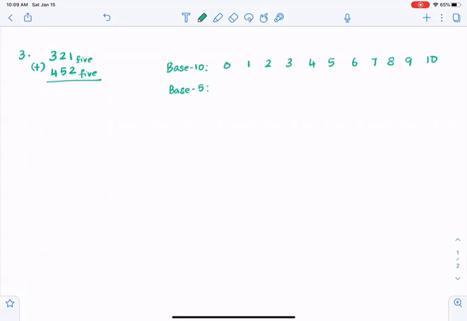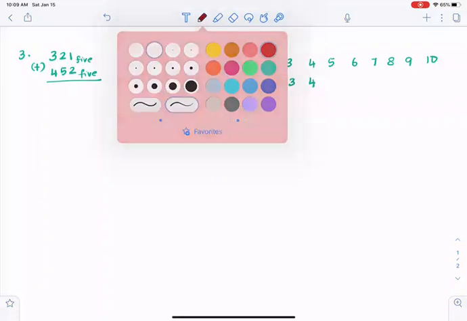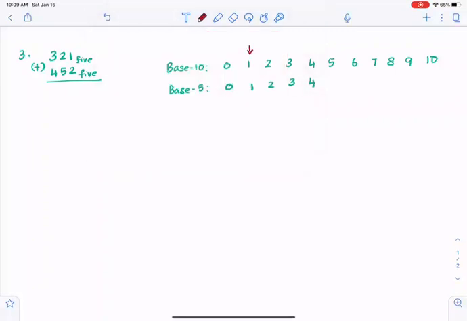So the first 5 digits, not a problem at all. We could simply write 0, 1, 2, 3, 4. When I get to 5, I go back, pick the next digit, which is 1, and put that digit in front of 0, 1, 2, 3, 4. So we would have 10, 11, 12, 13, 14.